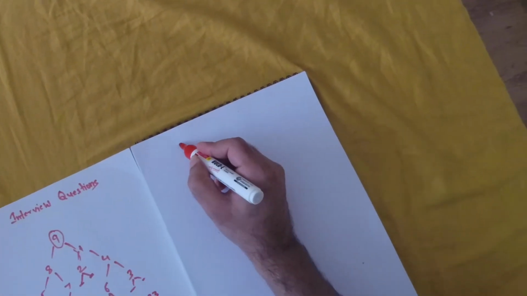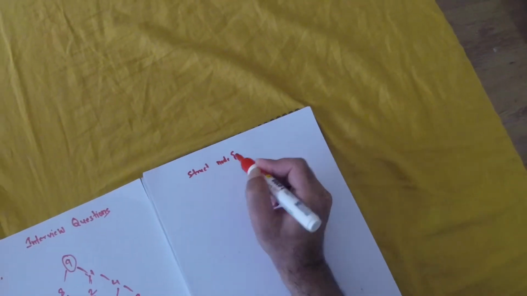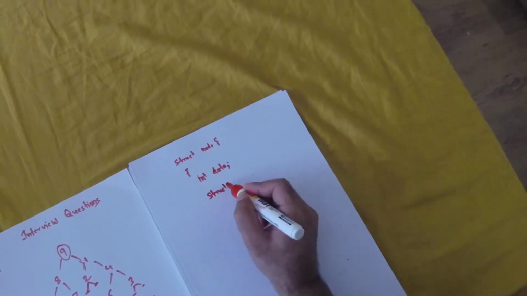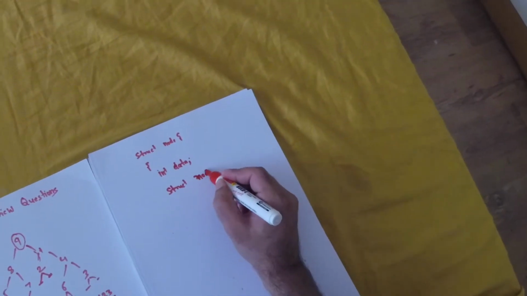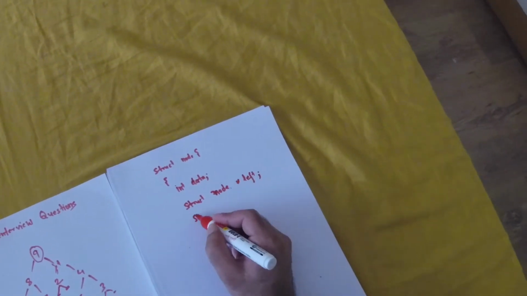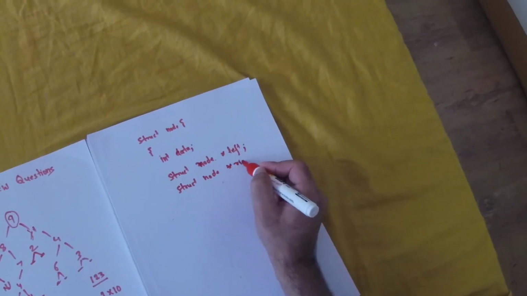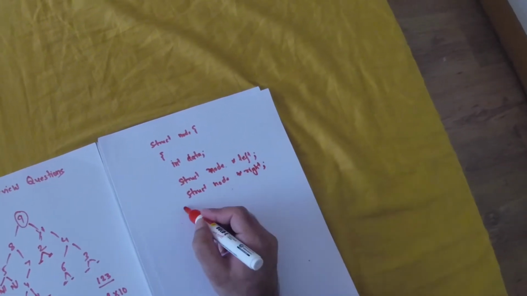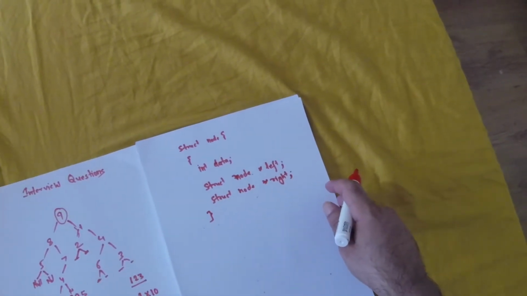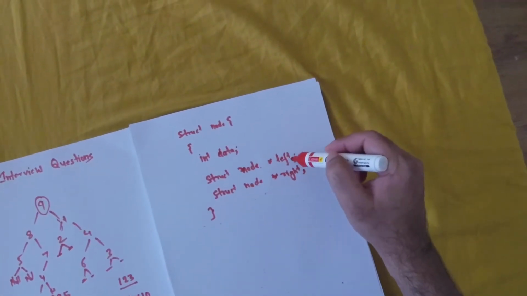You know how to create a structure. Simple. Declare a variable for data and for the left and right pointers.